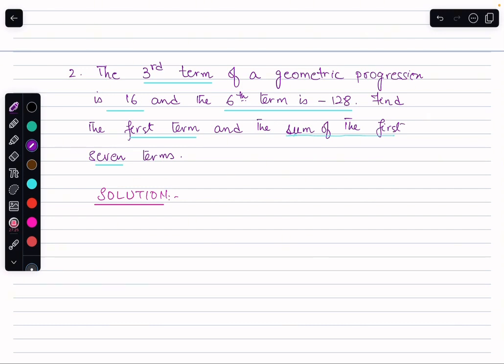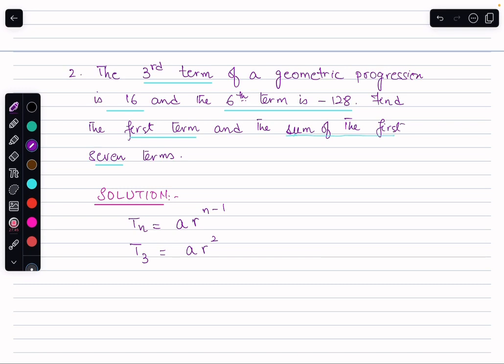They are saying it's the third term of the geometric progression. We know that the nth term formula for a geometric progression is a r to the power n minus 1. They are talking about the third term, meaning this is equal to a r squared.